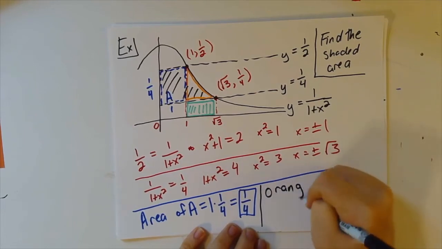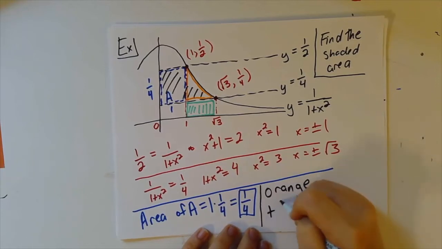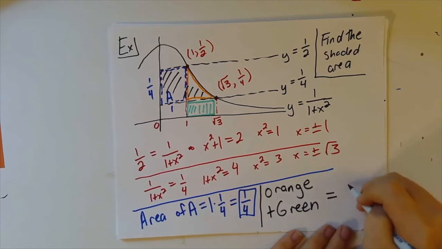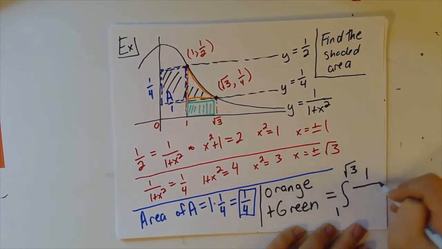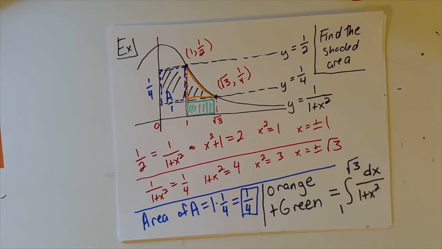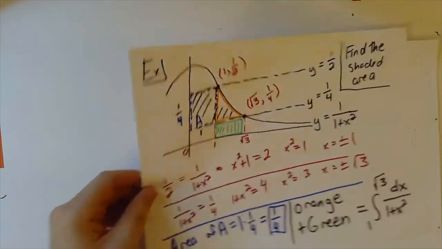So writing that down, orange plus green equals the integral from 1 to the square root of 3 of 1 over 1 plus x squared dx, and I'll go ahead and put the dx there in the numerator. Okay, so let's continue. What is that?